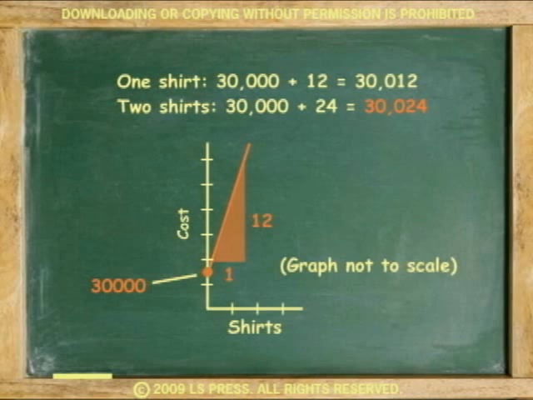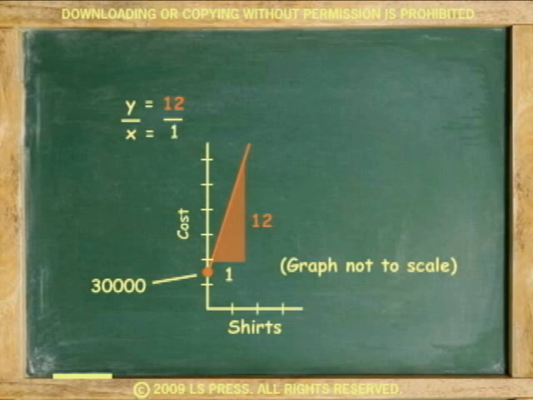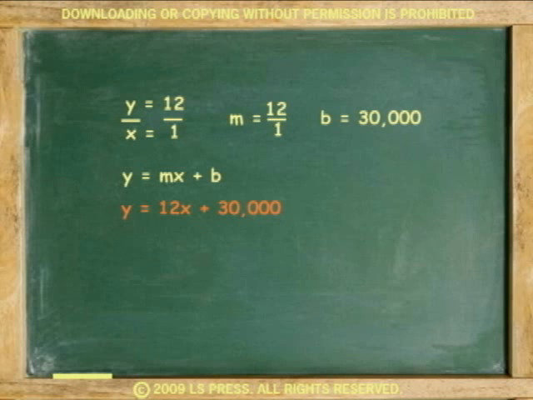Thus, the slope of the line is the vertical change, y equals 12, over the horizontal change, x equals 1. So m equals 12 over 1, or 12, and the y-intercept, that's when x equals 0, is 30,000. Ernestine's linear model is y equals 12x plus 30,000.